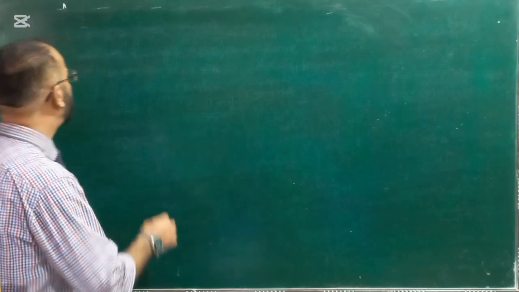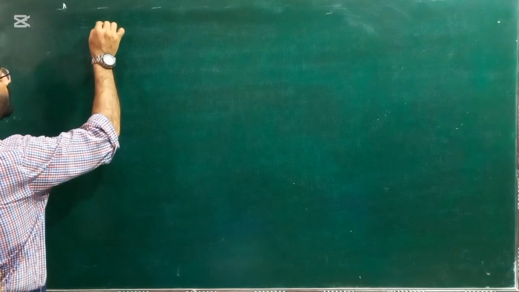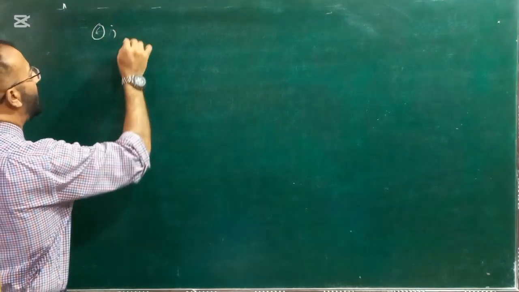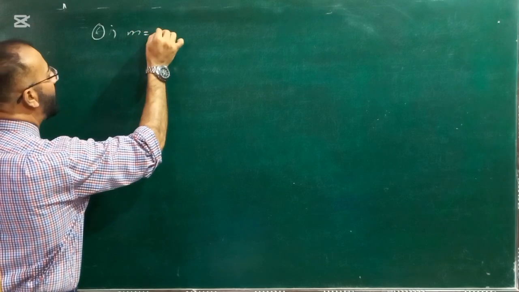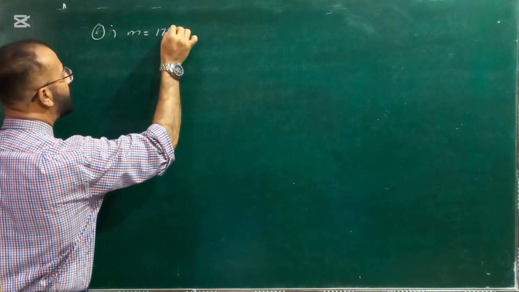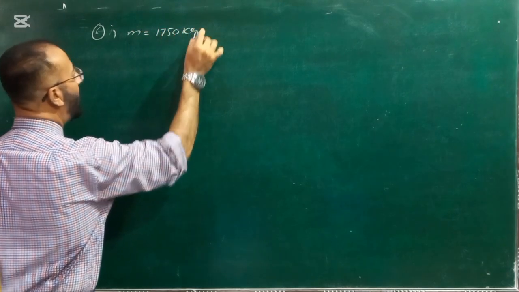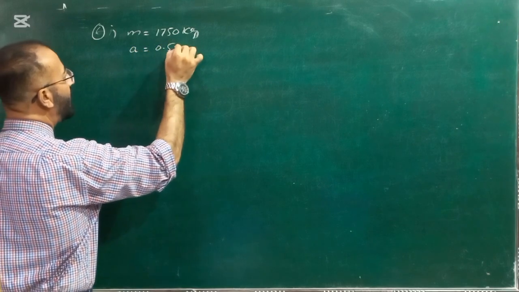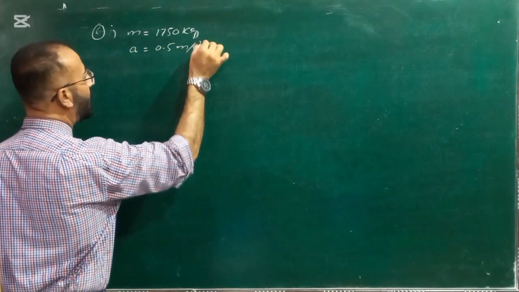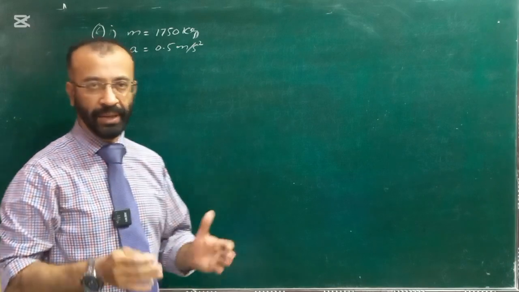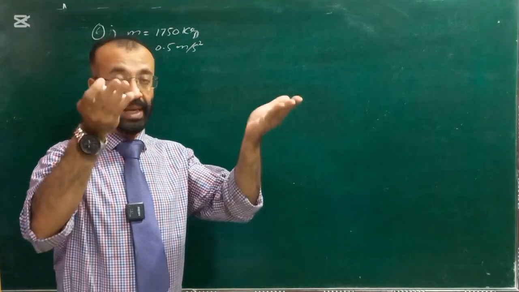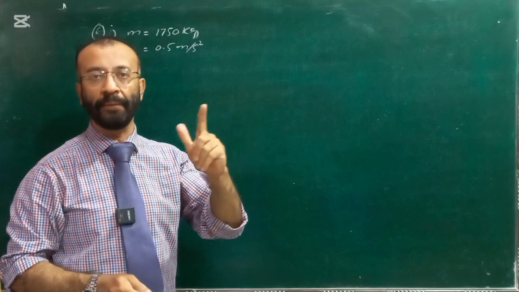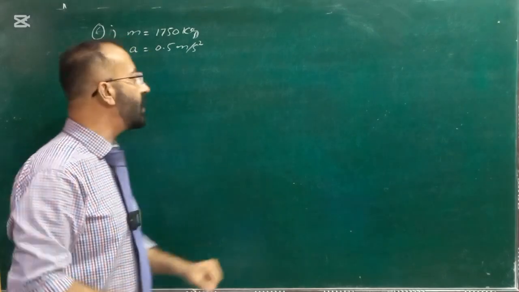So in question number 6, first part, the mass of the fully loaded crate is 1750 kg and the acceleration is 0.5 meter per second square. Now because the crate is raising, the tension in the rope should be greater than the weight of the loaded crate.